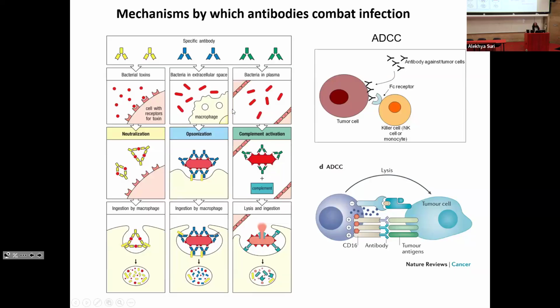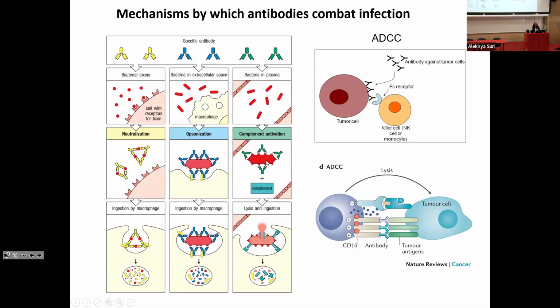Another way the antibodies work is called complement activation. Bacteria can activate complement themselves, and when complement is activated, it can be deposited on the bacteria, and then this can be recognized.